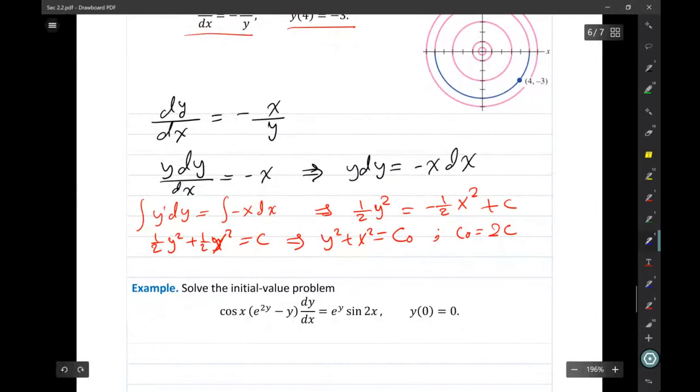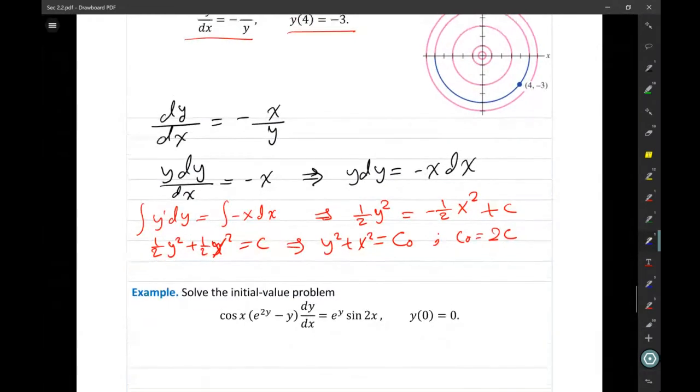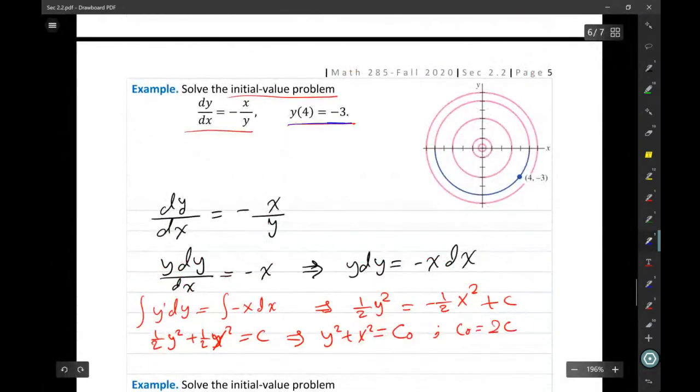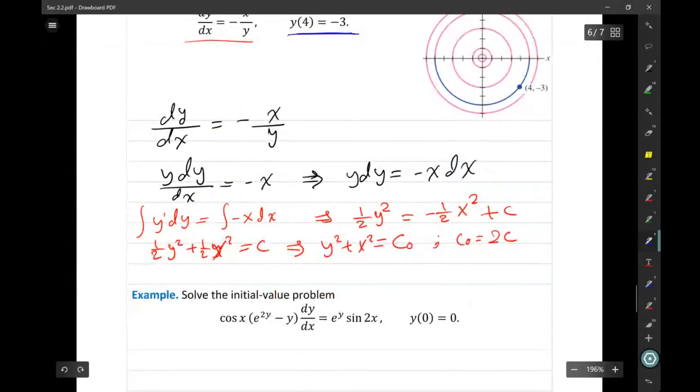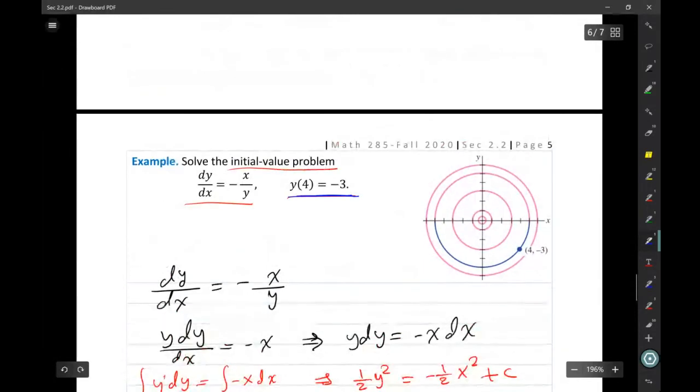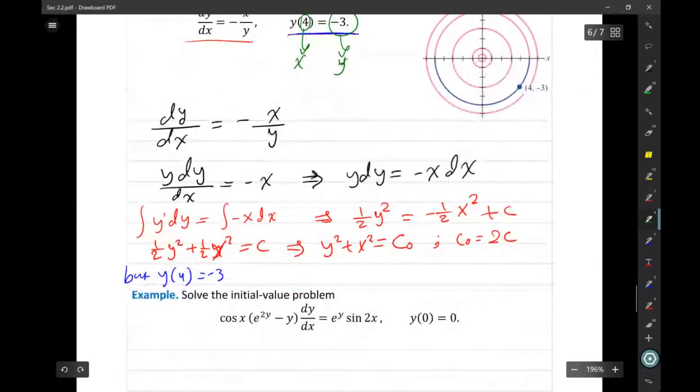Okay, now I have to use the initial condition, which is y of 4 is equal to minus 3. It means that instead of each x, replace 4, and instead of each y, replace minus 3, to get the constant c0.